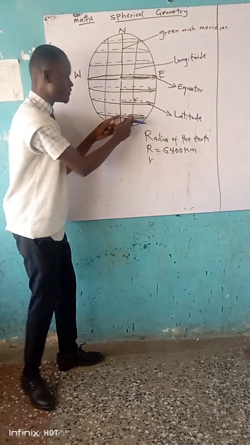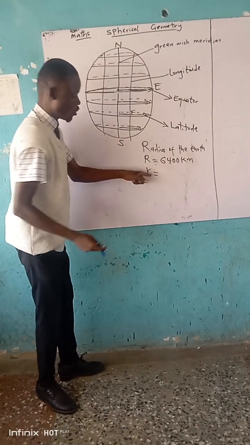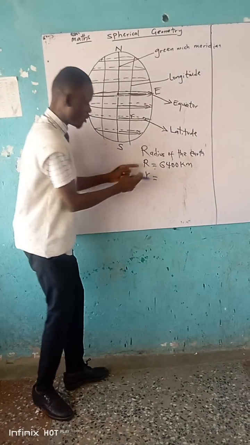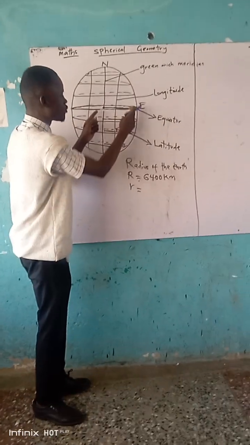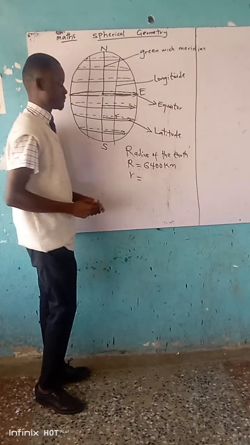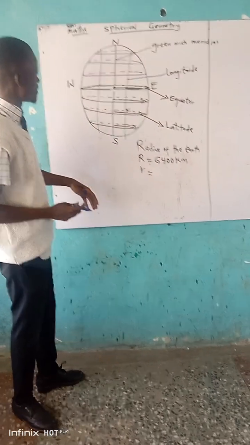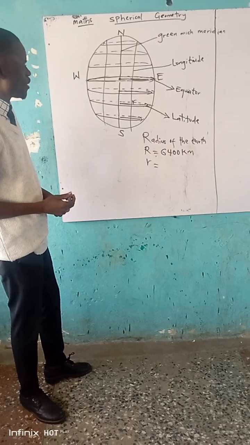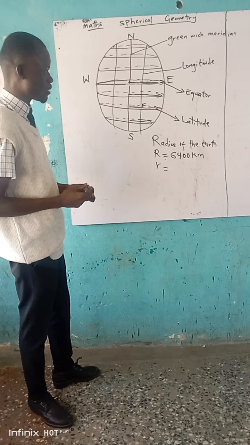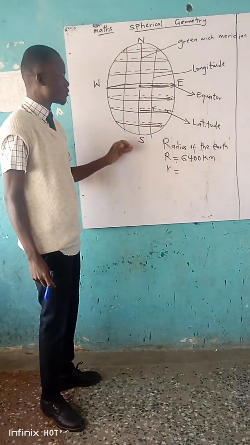And remember, it varies, so they will give you the value for the radius of your latitude. But the value for the radius of the equator is always constant. So, since we have established this, we can now go ahead to start our calculation.